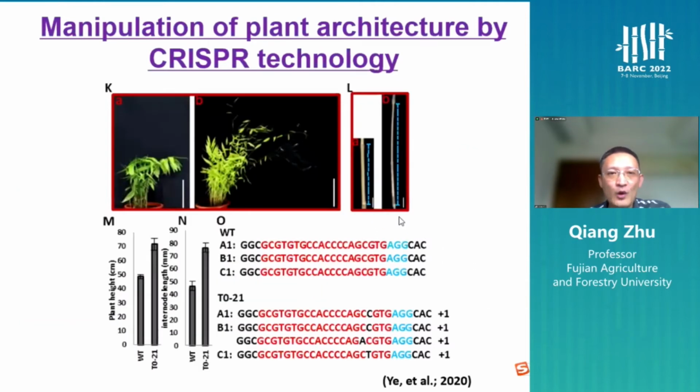And we selected one and did the CRISPR gene knockout. Here you see the CRISPR line showed much changed plant architecture phenotype. In the internode, we can see the internodes of the CRISPR line are much longer and thinner.